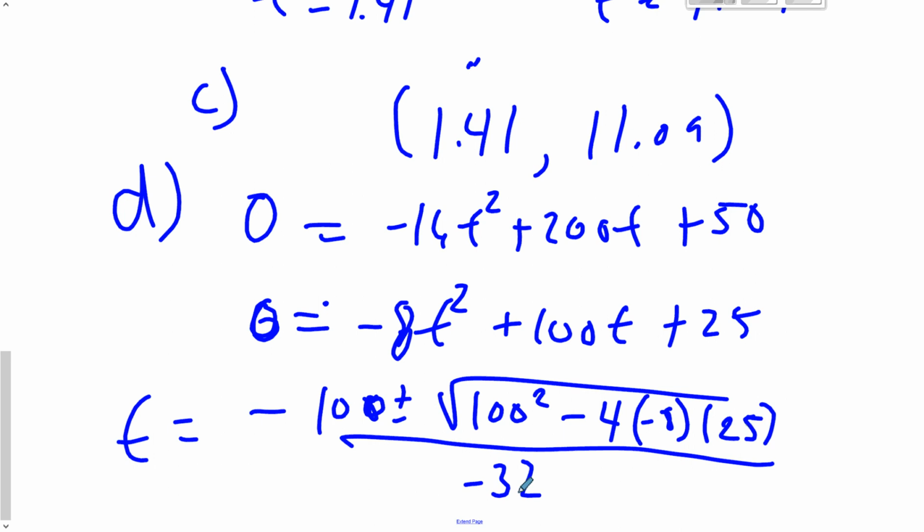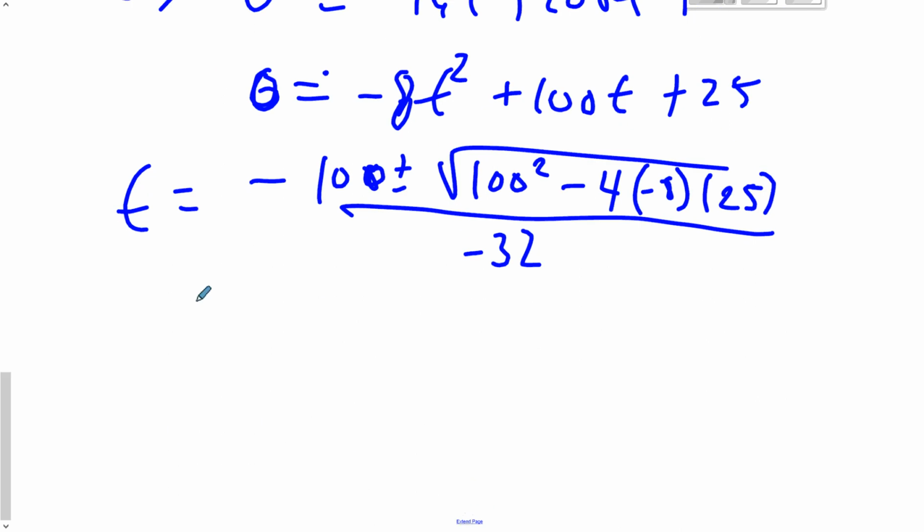And then taking that same thing but subtracting the 100 and dividing by negative 32. So of these two answers, one's probably going to be negative, right? Because you do have an initial height, and then the other one's going to be positive, so that would be your answer to D. So it's approximately, the positive one is 12.75 seconds. So there's your answer to D.